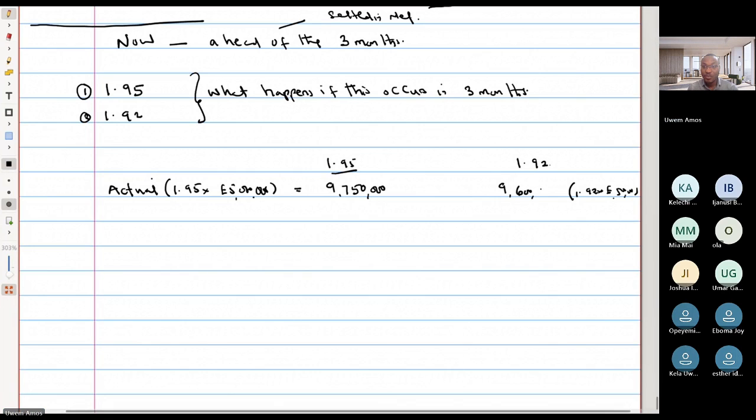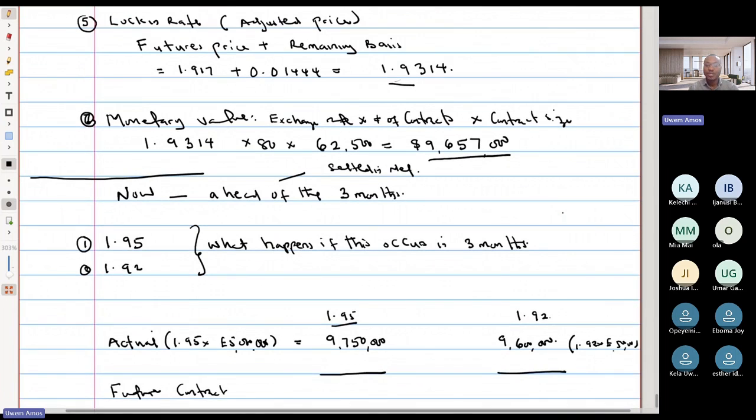So that would be 9.6 million. However, you have a futures contract to buy 5 million pounds at how much? You have a contract to buy 5 million pounds at 9,657,000. We have a contract to buy it at that amount.